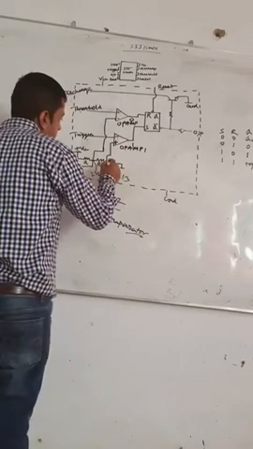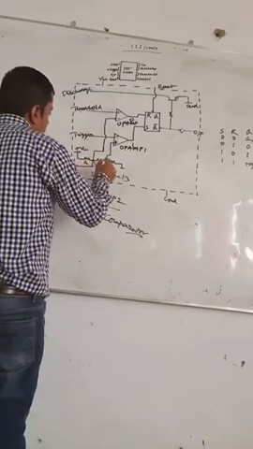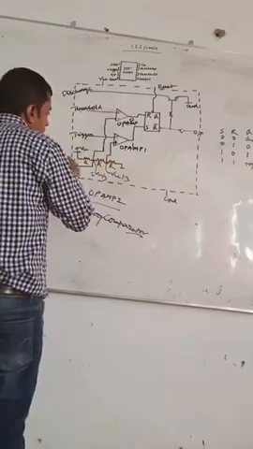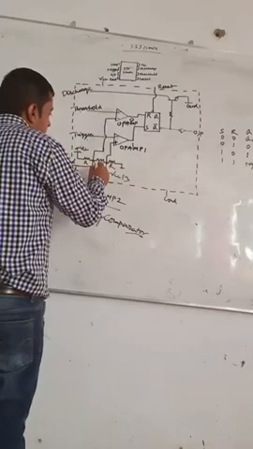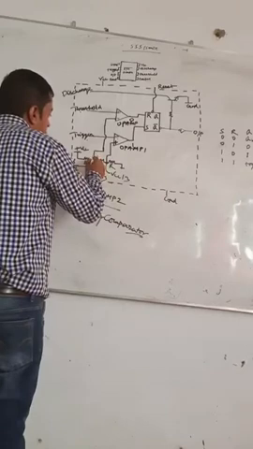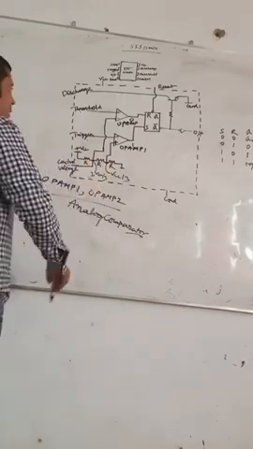Because this voltage is connected with 3 equal-value resistances, this voltage has not reached 2 VCC by 3. So we are not comparing the threshold voltage with 2 VCC by 3; we are comparing the trigger voltage with VCC by 3.